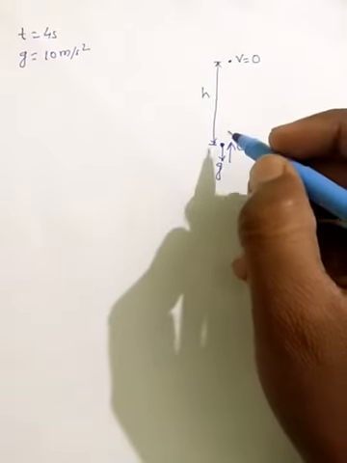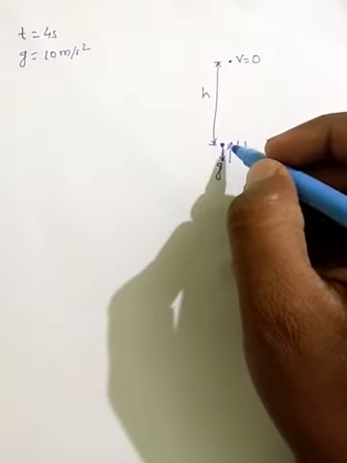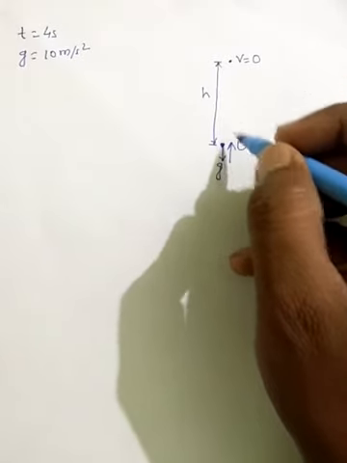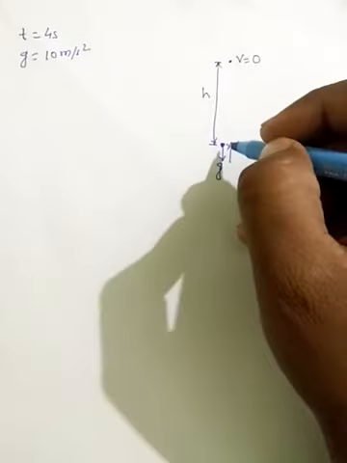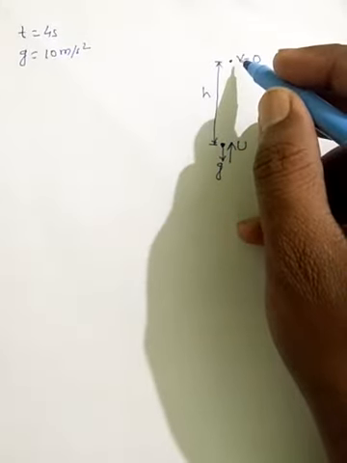It is given in the question that an object is thrown upward with velocity u and it reaches its maximum height.